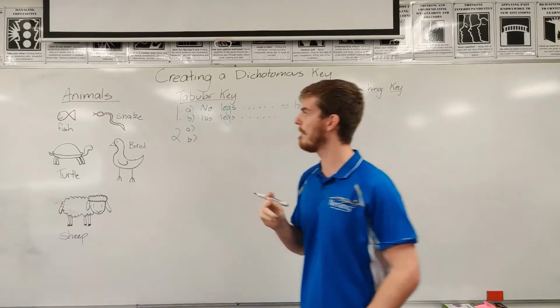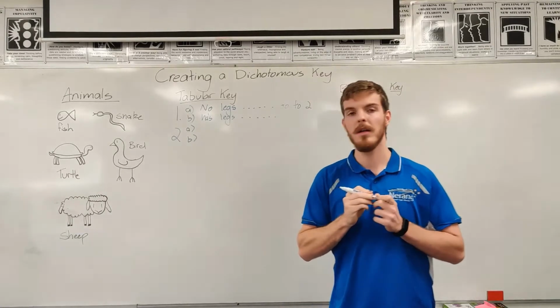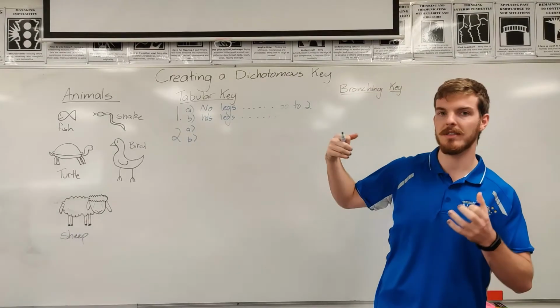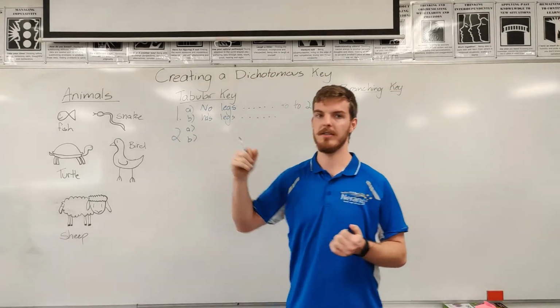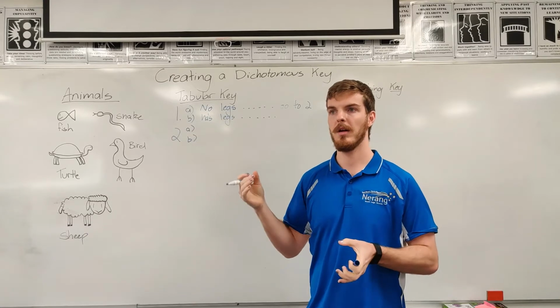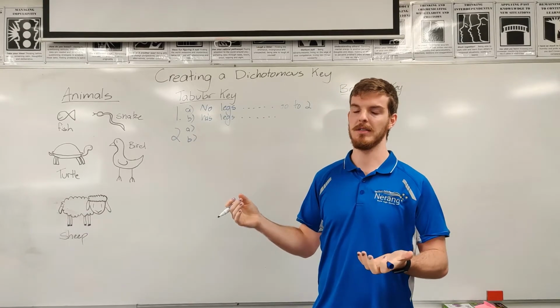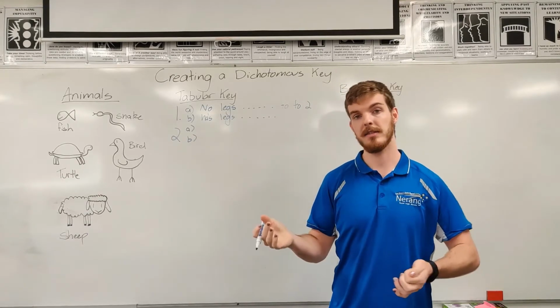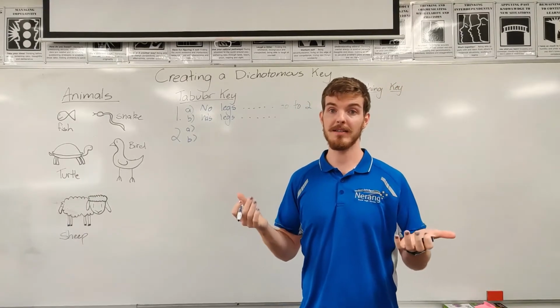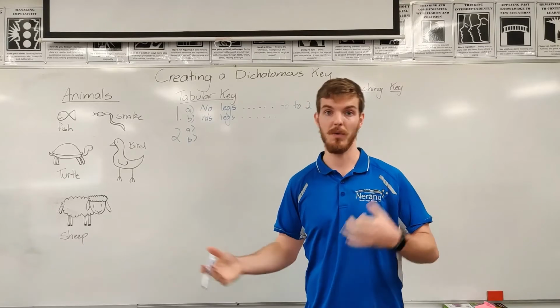Alright. Now if we have a look at the ones that don't have legs, it's fish and snake. Now if we've got fish and snake, what's something that one has that the other one doesn't? I first thought has scales, but both fish and snakes have scales. The biggest thing is one lives on the land and one lives in the sea.